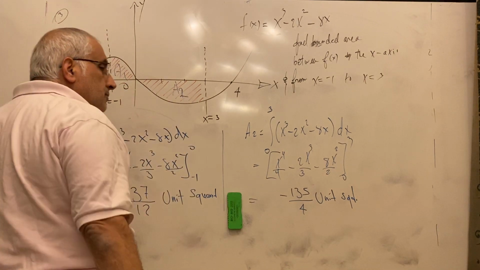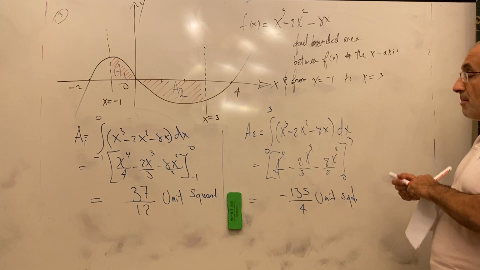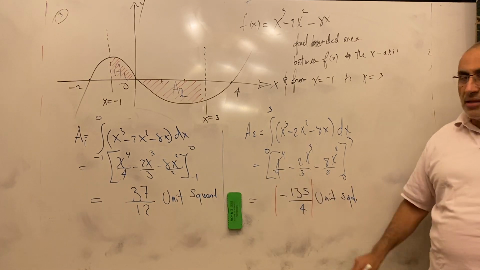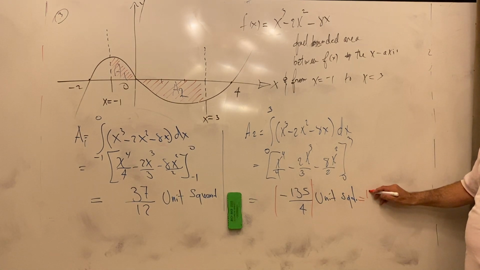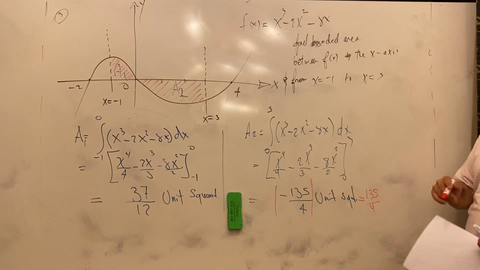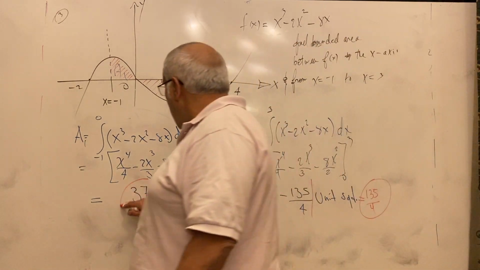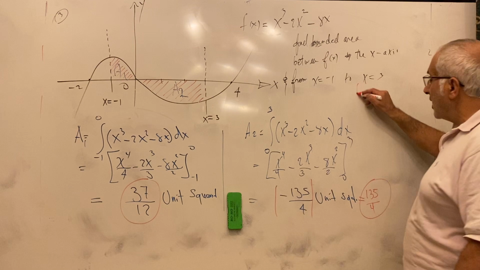Why is it negative? Because it's under. Now, finally, remember something very important. You cannot accept an answer being negative. So you have to say it's 135 over 4. Now you have two answers. You have the positive answer, because area can only be positive, and that one. So what's your job now? To do the last step.